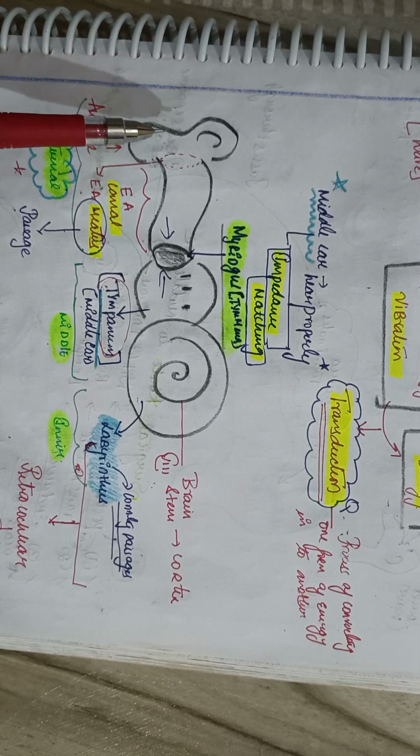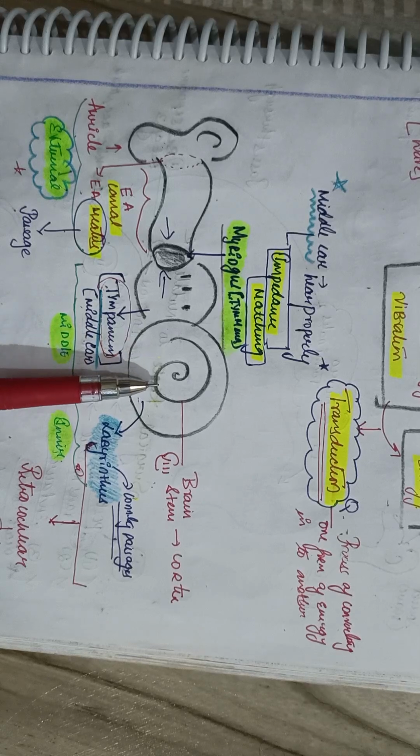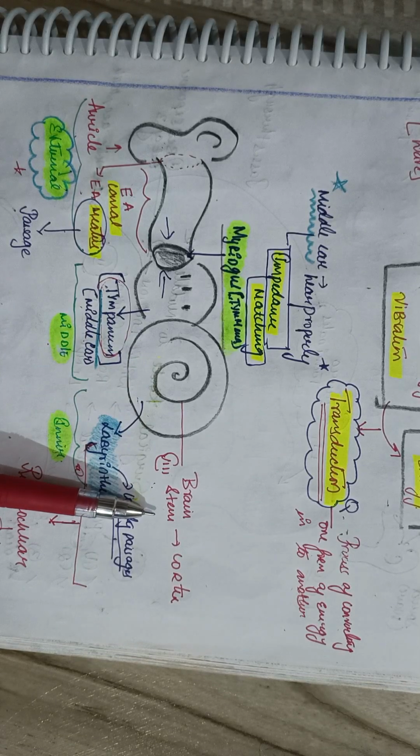Now we need to understand that sound waves hit the tympanum, generating mechanical energy. From there it hits the cochlea and gets converted into an action potential, electrical energy, and they stimulate the eighth nerve. From there it goes into the brainstem, then into the cortex.